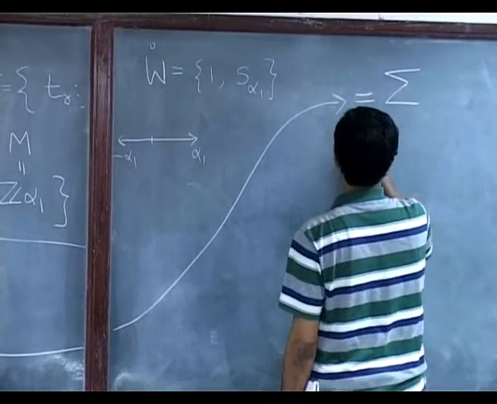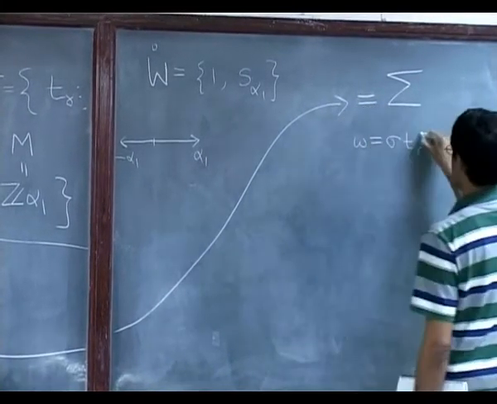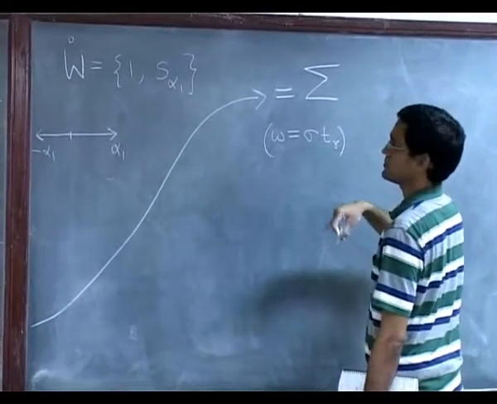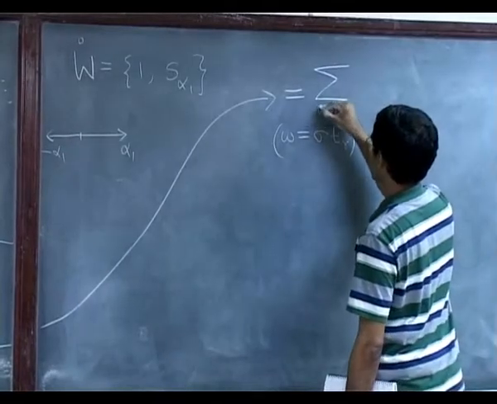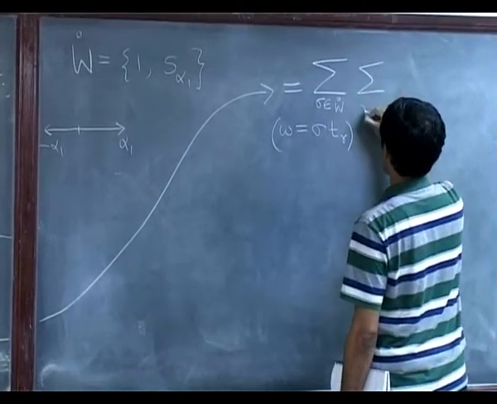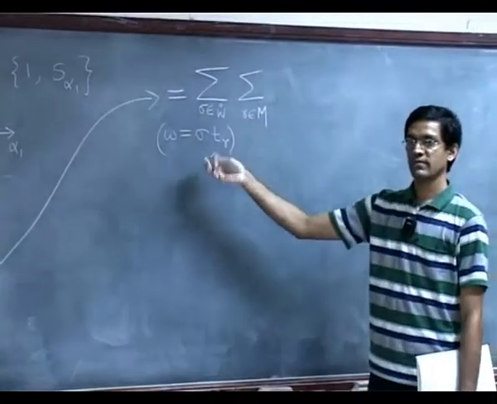Let me write w as sigma times t gamma, that is my split into W naught and into this element of T. So now I will run over all sigma in W naught and over all gamma in the lattice M.